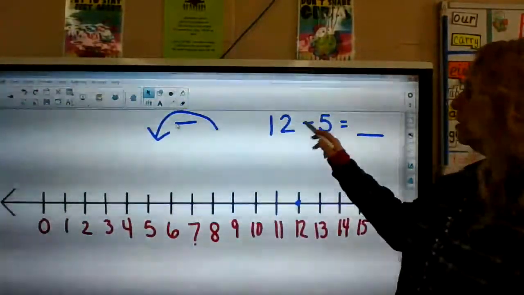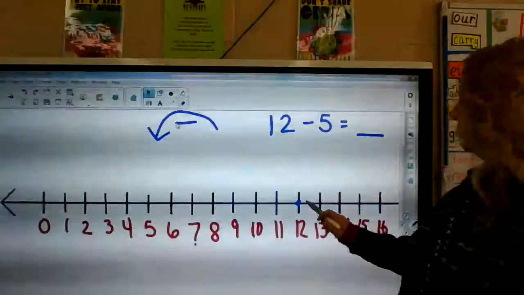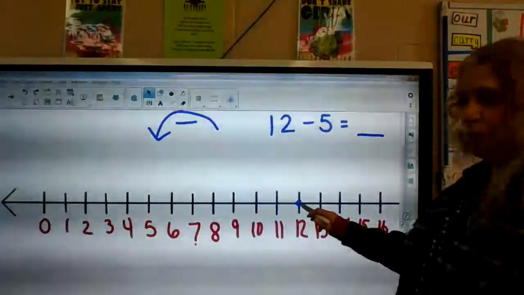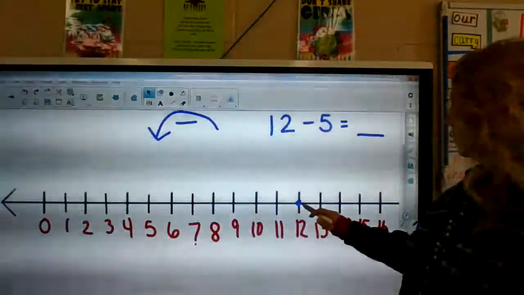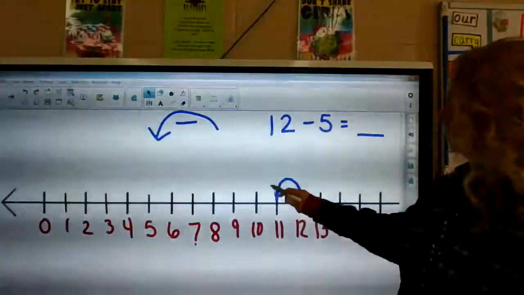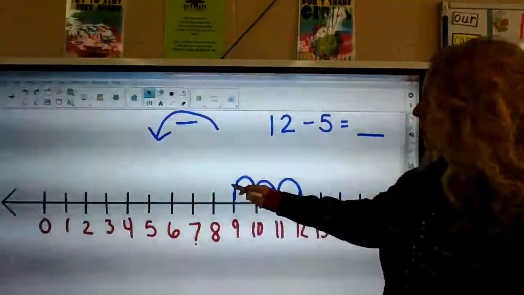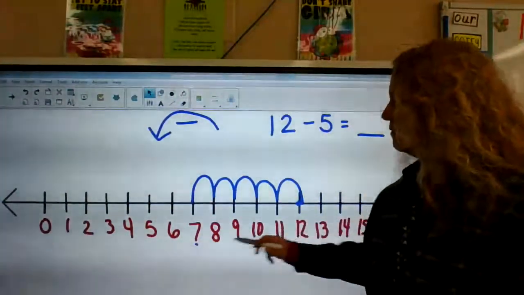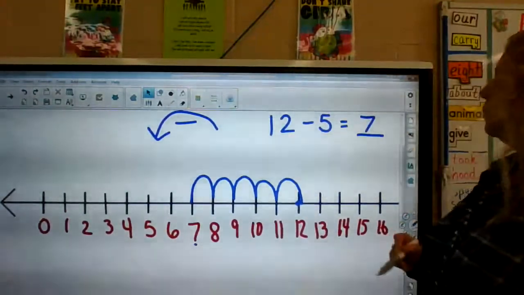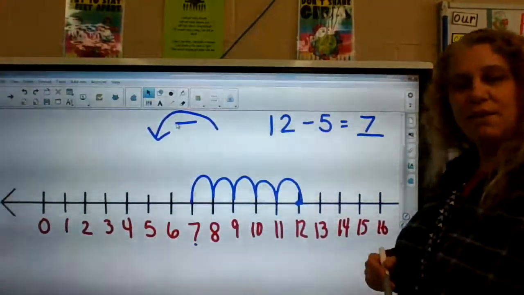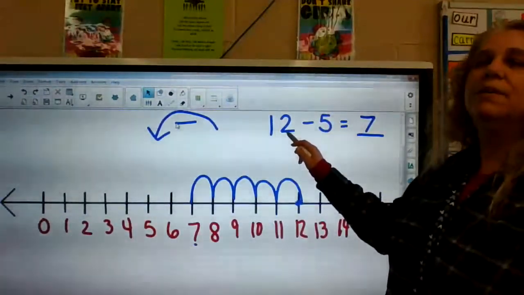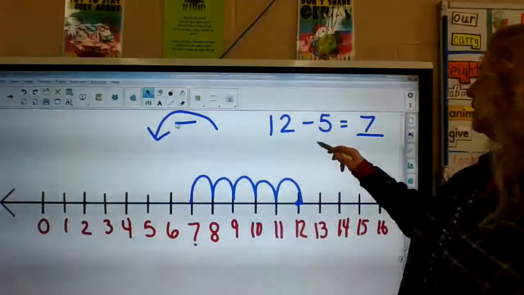So we start on the 12, we don't say 1 until we hop. So we go 1, 2, 3, 4, 5, and that is 7. 12 minus 5 equals 7. Does 7 plus 5 equal 12? Yes, so 12 minus 5 equals 7.